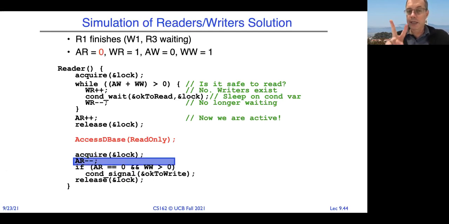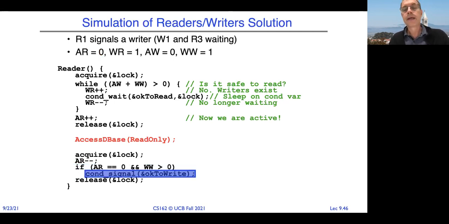Now both R1 and R2 are done, and the number of active readers becomes 0. And are there waiting writers? Yes, there is W1. So now this condition is true, and you are going to signal to the writer that it's okay to write.